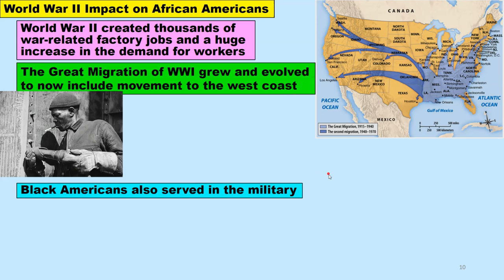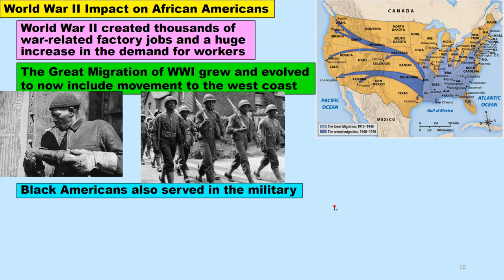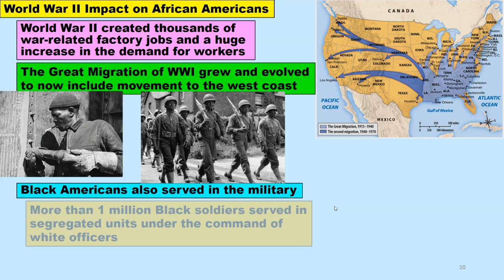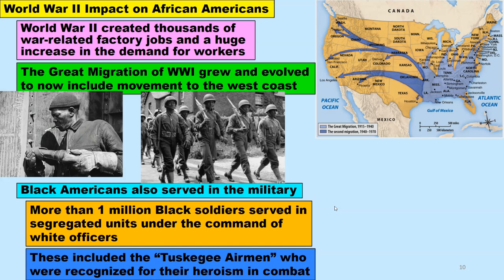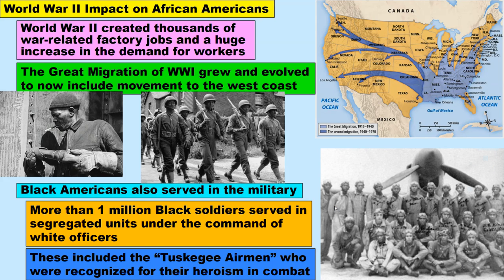Okay, Black Americans will also serve inside the military, albeit in segregated units. They won't be desegregated until Truman's executive order following the war. So they're still going to serve in segregated units. More than 1 million Black soldiers will serve. And probably the most famous that you probably already know about are the Tuskegee Airmen. Incredible combat pilots.